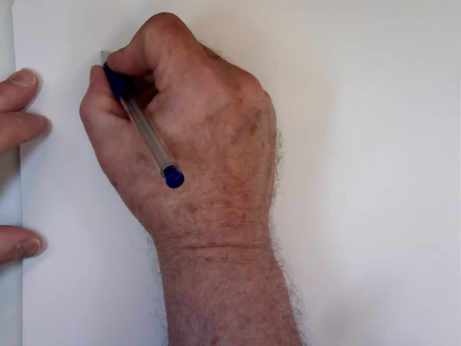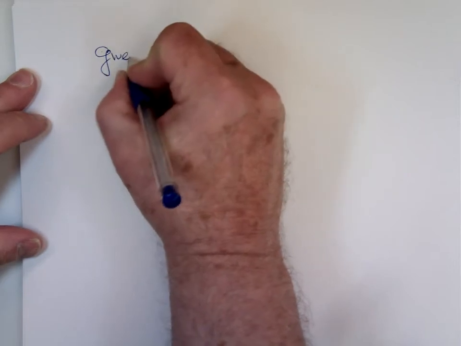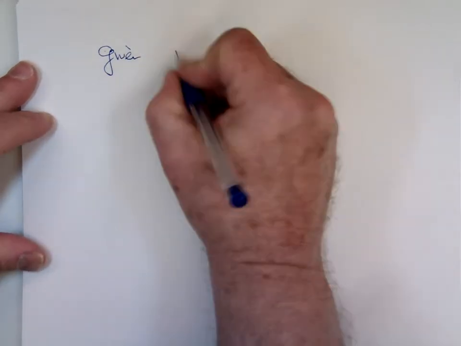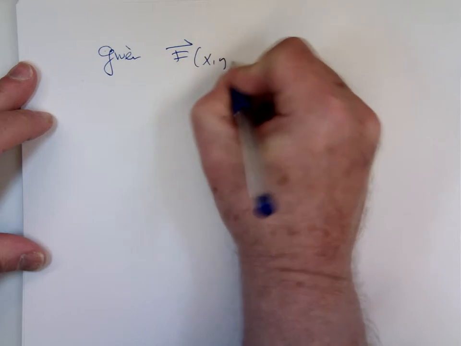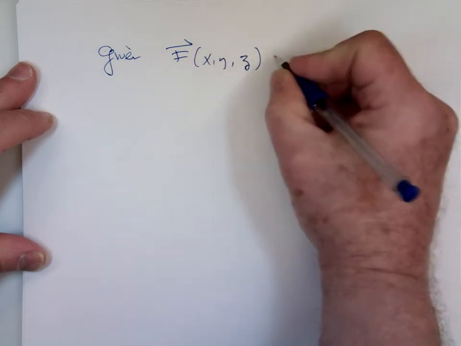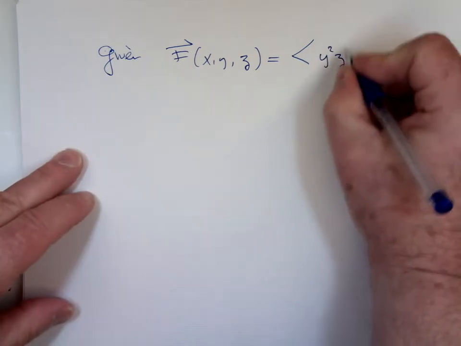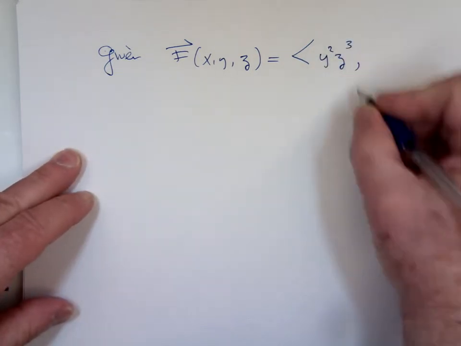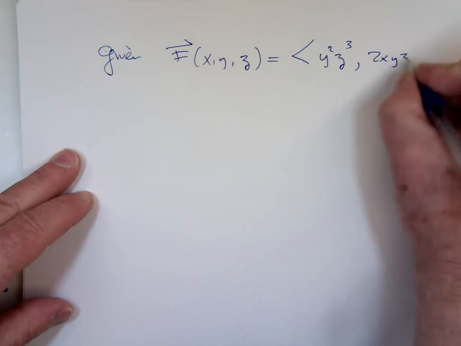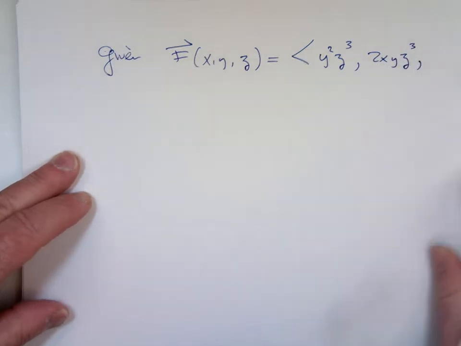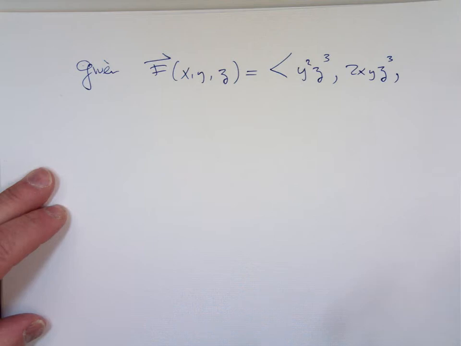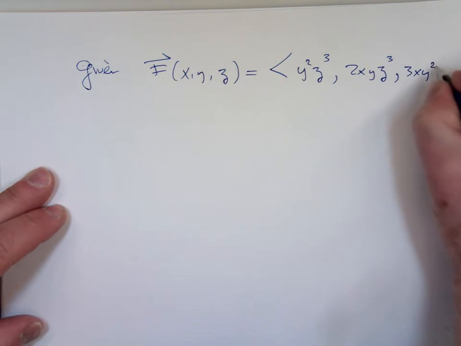Find the curl. All right, so I got to give you that then. Okay, so let's say given field is equal to y squared z cubed, 2xyz cubed, 3xy squared z squared.